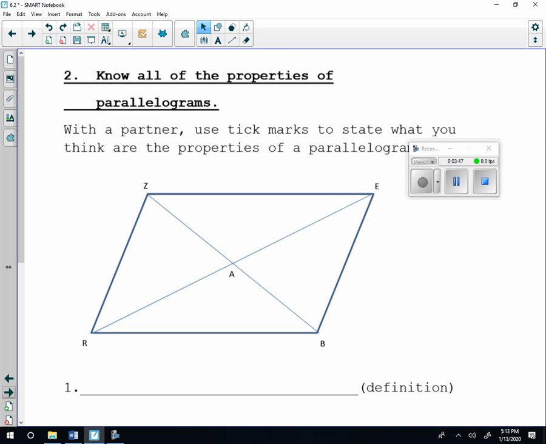Okay, so here on this page, we're going to mark with tick marks, and then I'll tell you what you could write in the blanks. A parallelogram by definition is a quadrilateral in which both pairs of opposite sides are parallel.